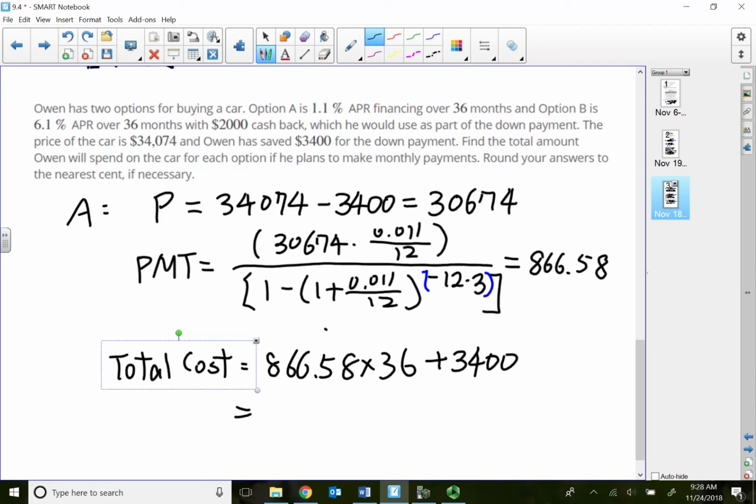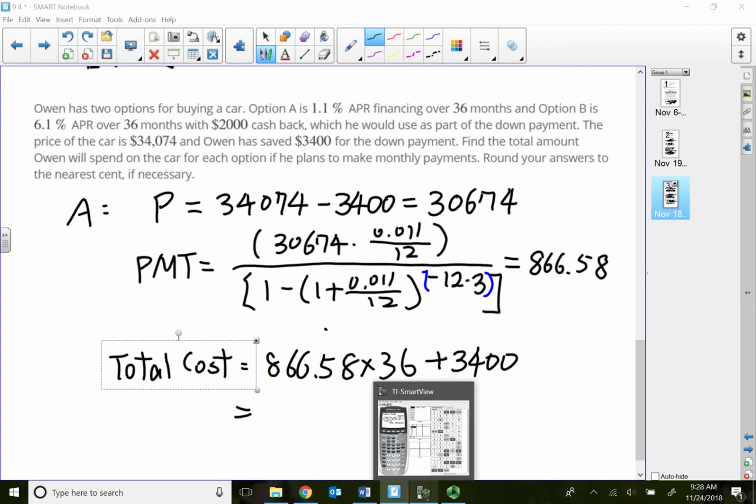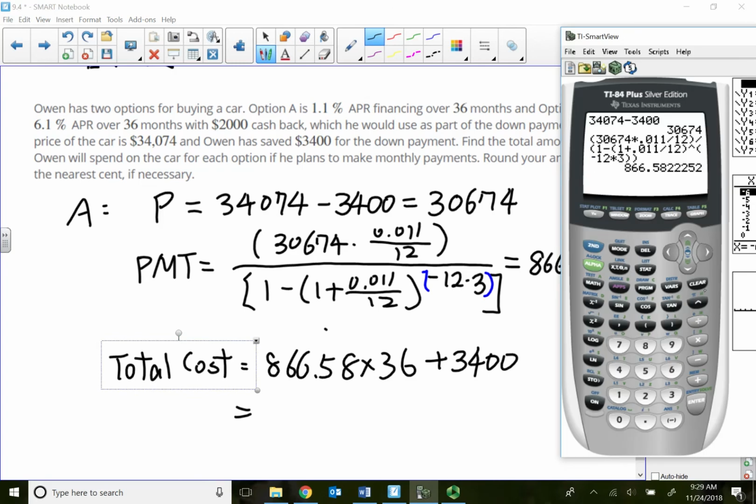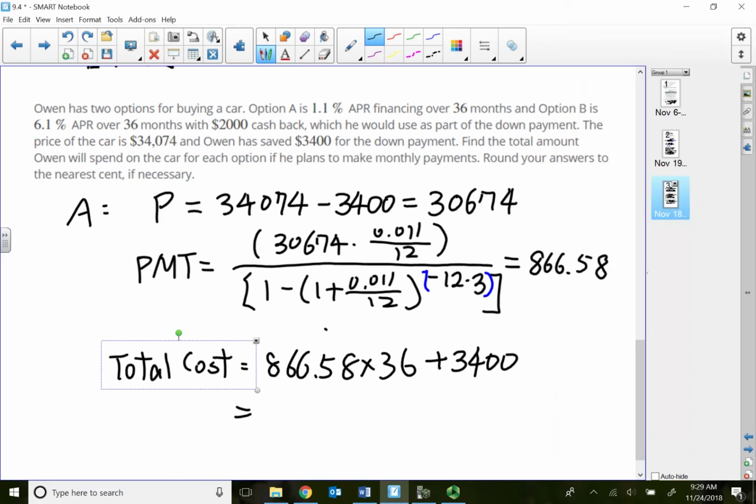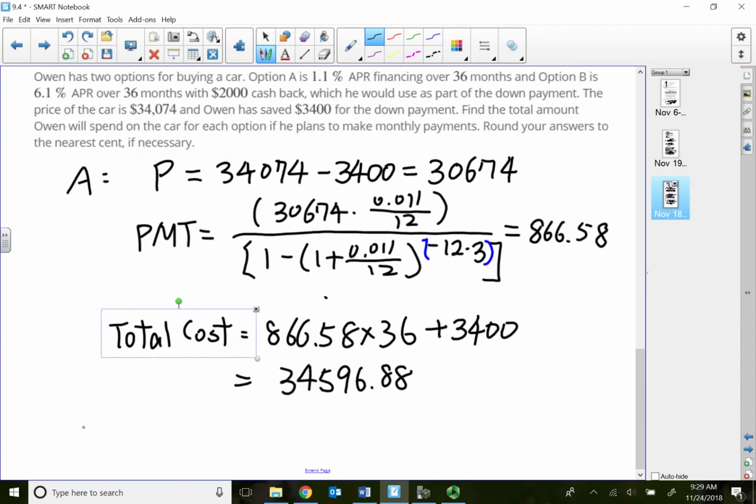So his total cost: 866.58 times 36 plus 3,400. His total cost should be $34,596.88. So that's option A. All right, option B.